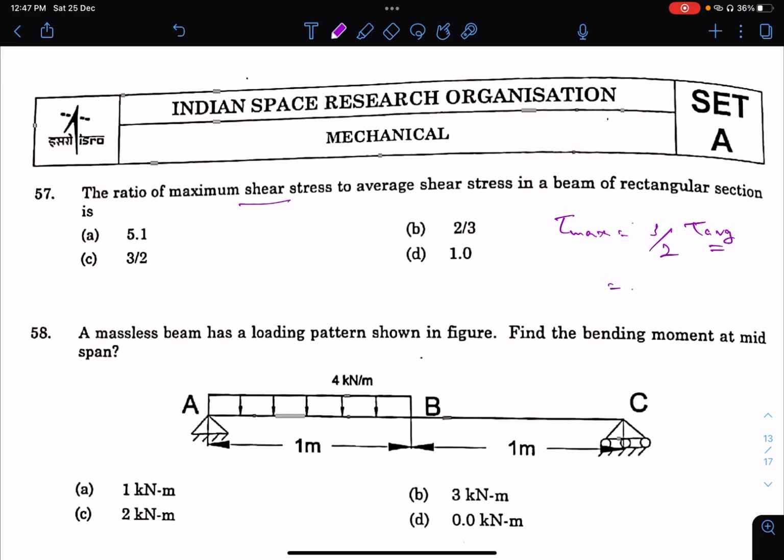So this is equal to 1.5. So the correct answer is 3/2.